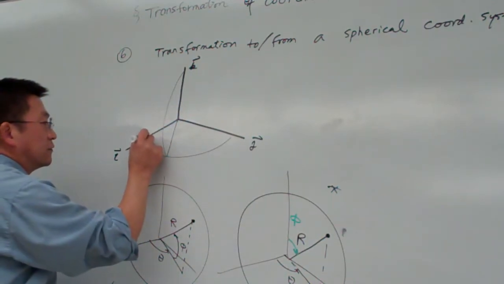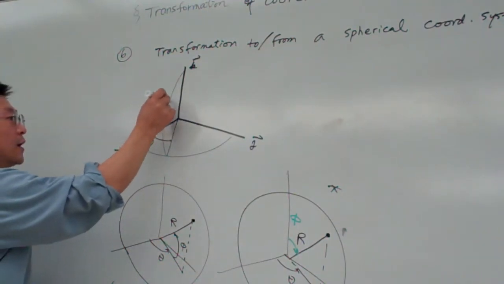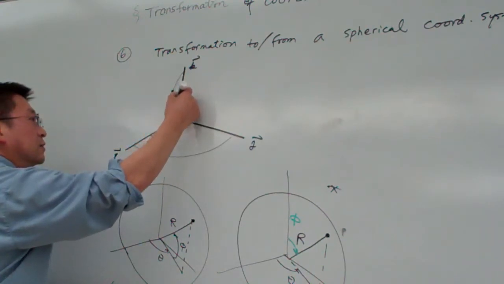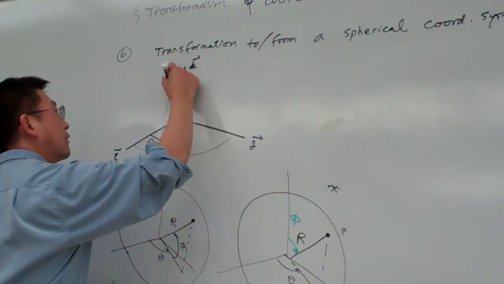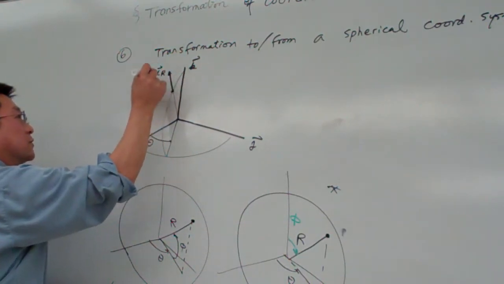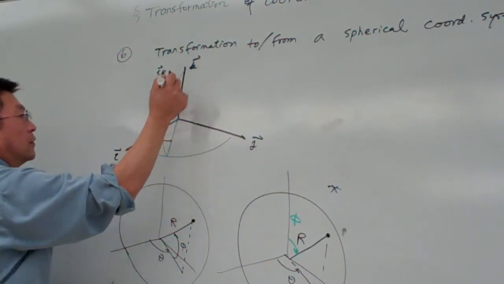So here I need to define this as theta, okay? And the point is here. So this is the radius r. Let me define this as i_r, that is in the radial direction. So that's the unit vector.